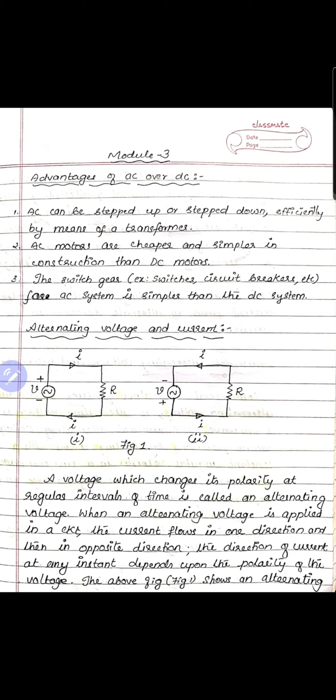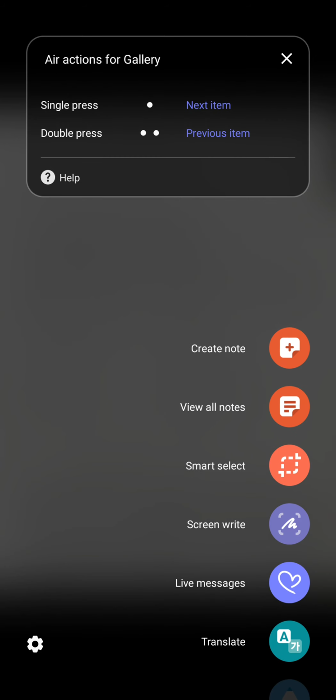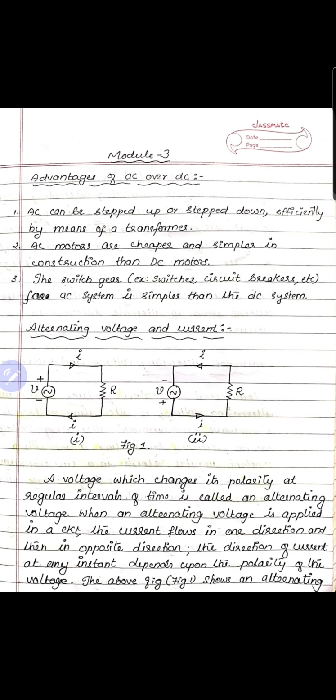Next, we need to know what alternating voltage and current are. We know that for a direct current, we have a constant value with respect to the time axis. So it will be a constant one.